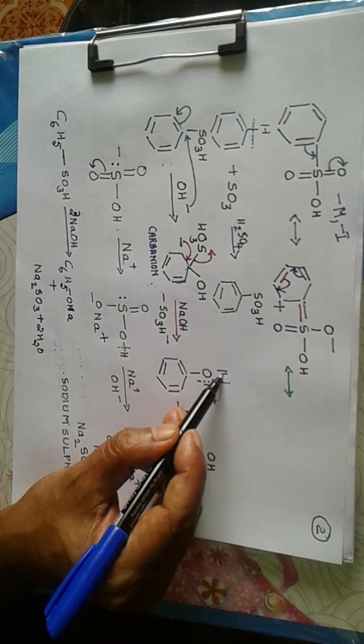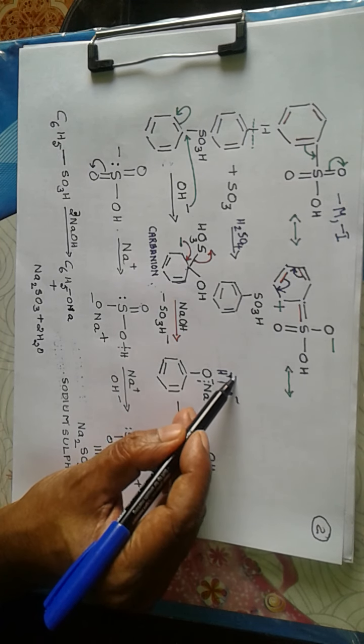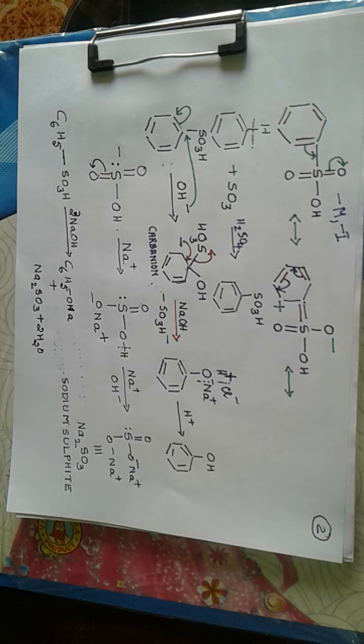Suppose we are adding H positive, Cl negative, we get OH and NaCl. So acidification with a strong mineral acid like sulfuric acid or hydrochloric acid, the free phenol is liberated.